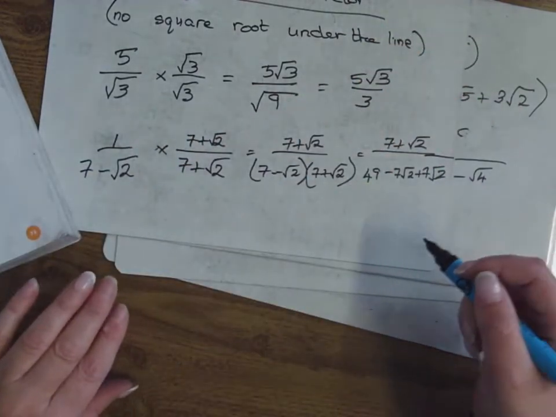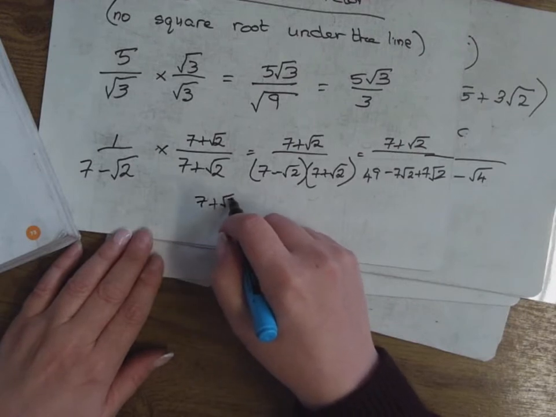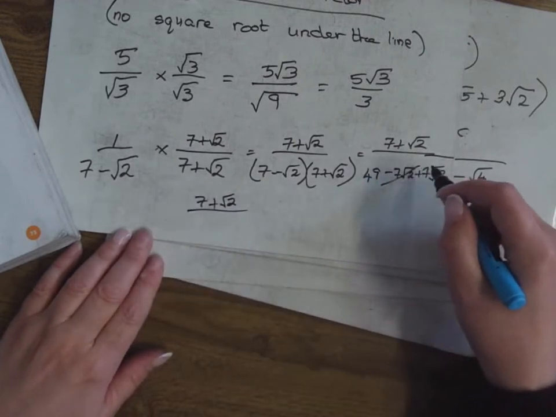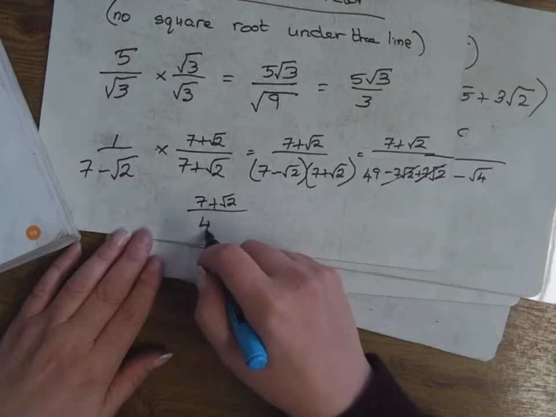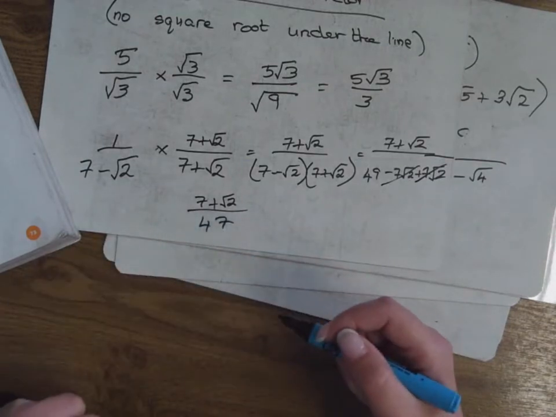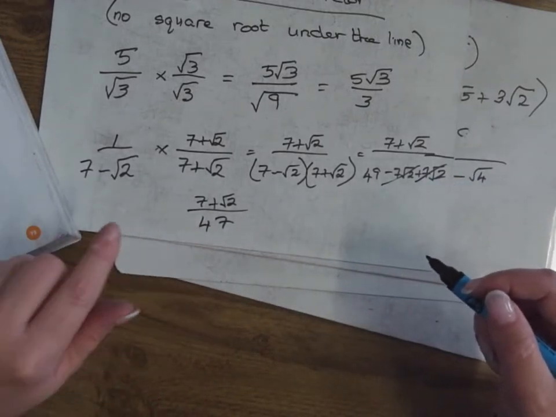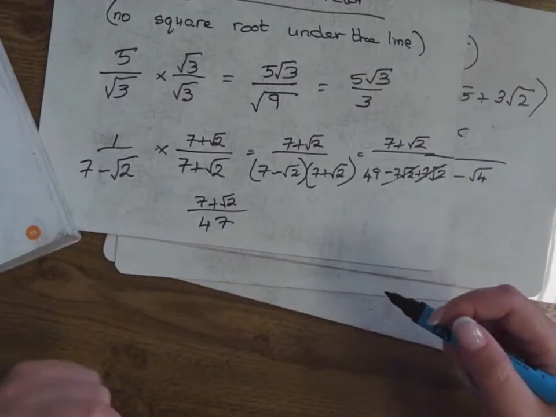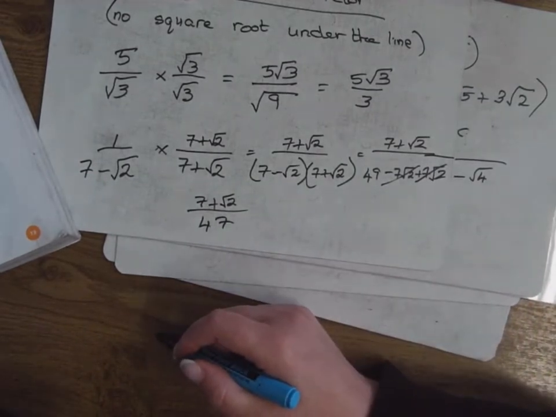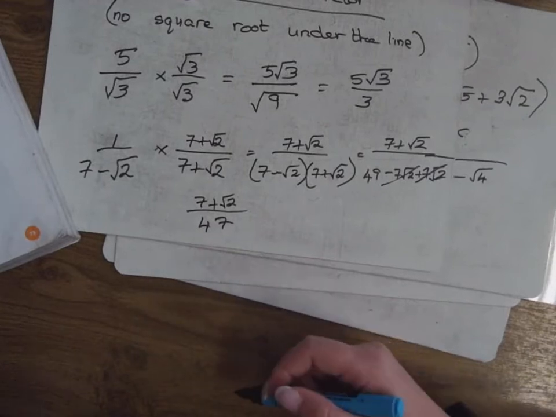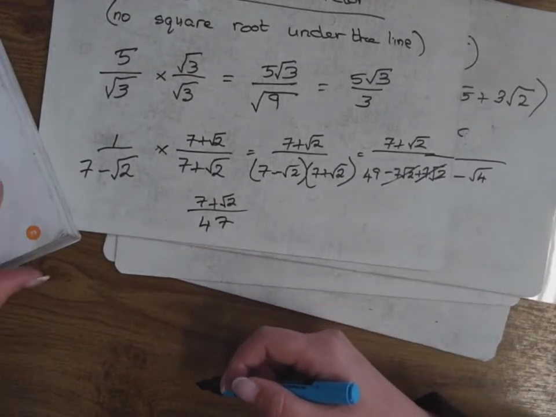Above the line that would be 7 plus root 2. Below the line, these are gone, and I have 49 minus root 4. Root 4 is 2, so it's 49 minus 2, which is 47. You can see there's no square root underneath the line. So I basically rationalized the denominator. Rationalize means I've made it a rational number, and remember, a rational number has no square root sign. Are we good with that?